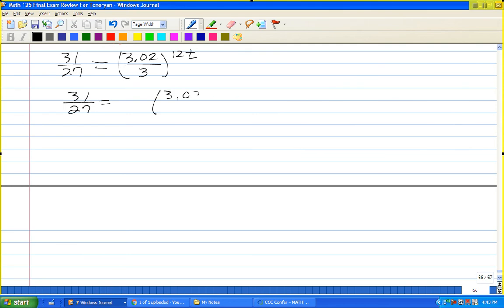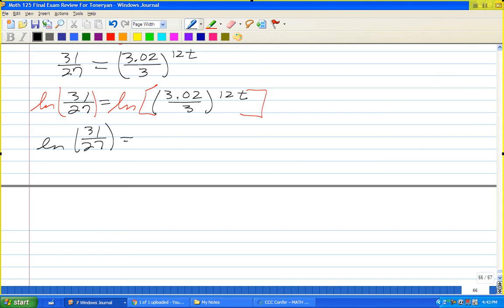So 3.02 over 3, the 12t. Take ln of both sides of my equation. And so I can bring the exponent out in front of the logarithm by the properties of log. So this is 12t ln of 3.02 over 3.